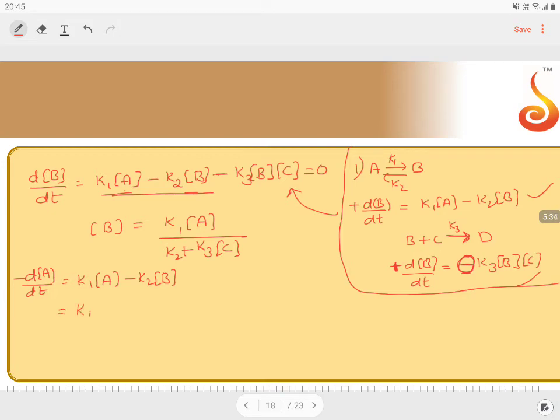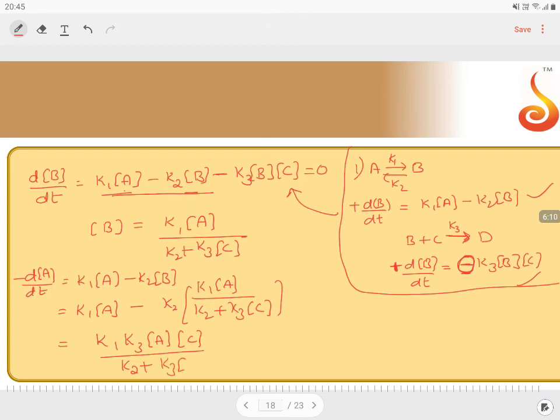We get K1 into concentration of A minus K2 into K1 into concentration of A by K2 plus K3 into concentration of C. Solving this equation, we get K1 K3 into concentration of A into concentration of C by K2 plus K3 into concentration of C.